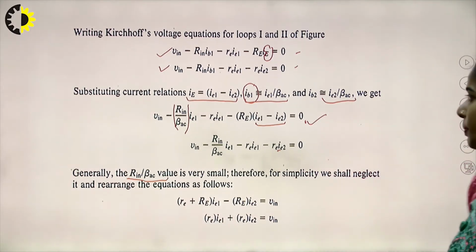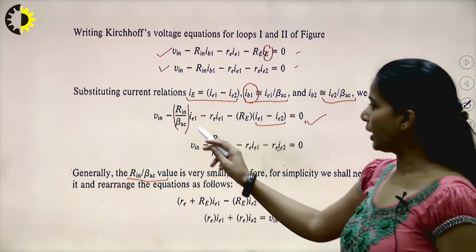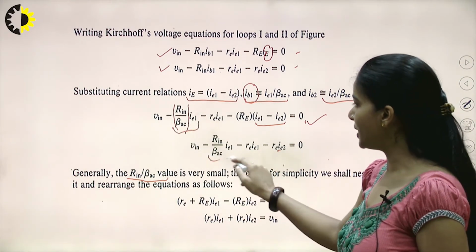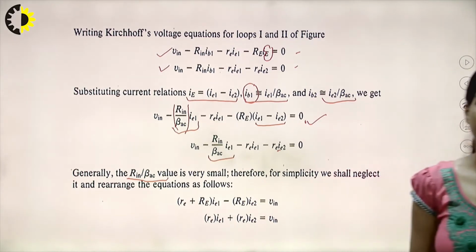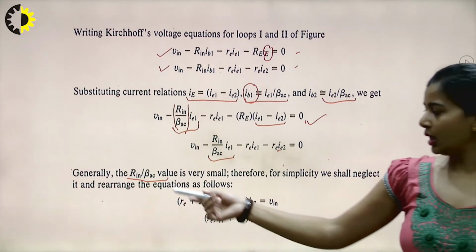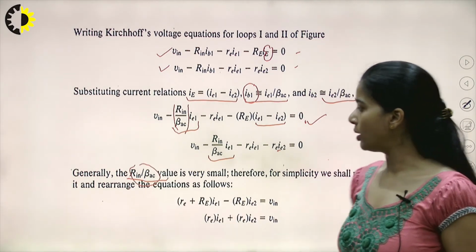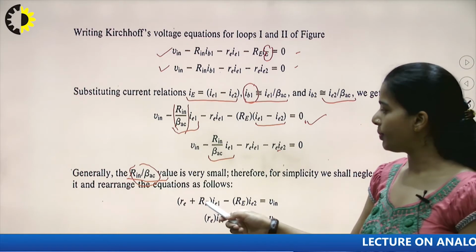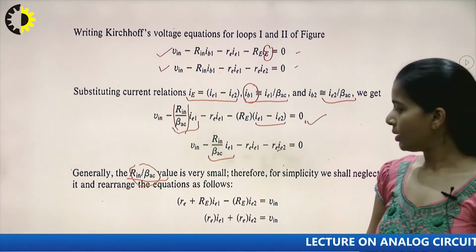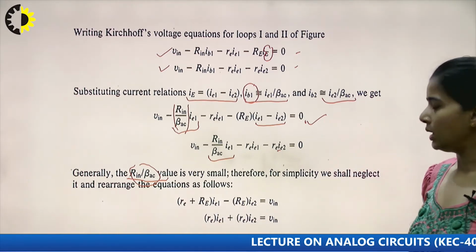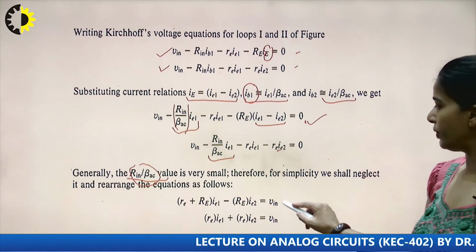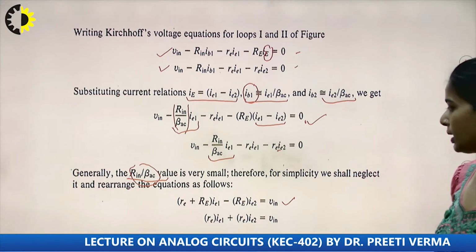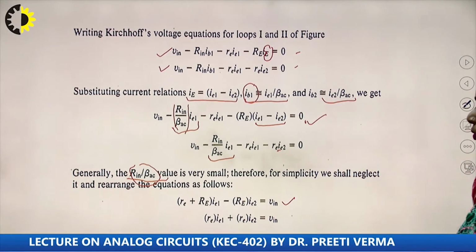So for simplicity we can ignore this value, and this term will not be present if we ignore this Rin upon beta. So our equation reduces to re plus capital RE IE1 minus RE IE2 equal to Vin. That is, we have RE IE1 plus re plus RE into IE2 is equal to Vin.